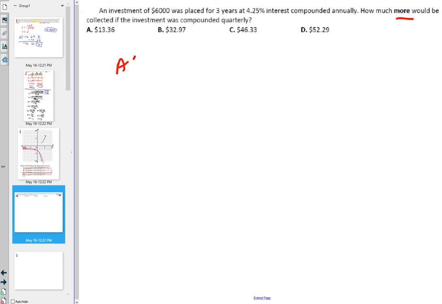If this was just compounded annually, the amount after 3 years would be the 6,000 times 1.0425. I would hope by now you know how I got that. It's just the 1 plus the rate to the power of 3 years. And see what that gives you approximately. Because I'm going to give it a calculator.